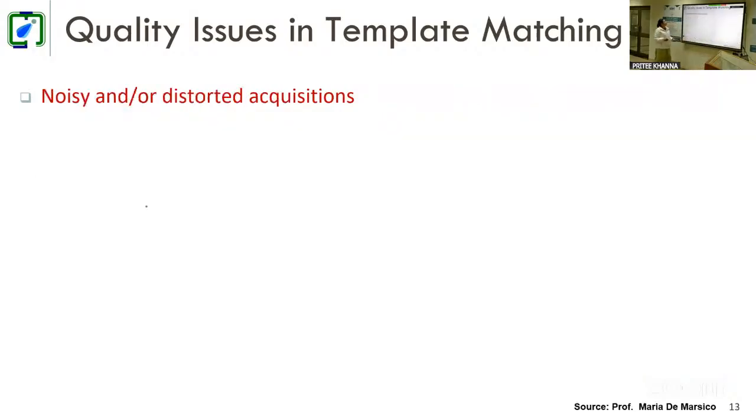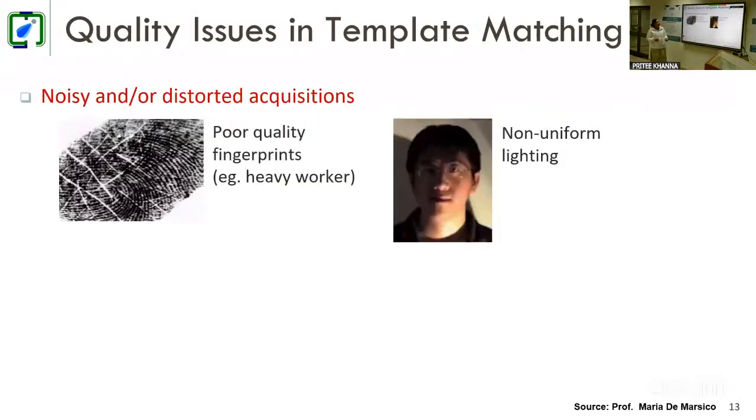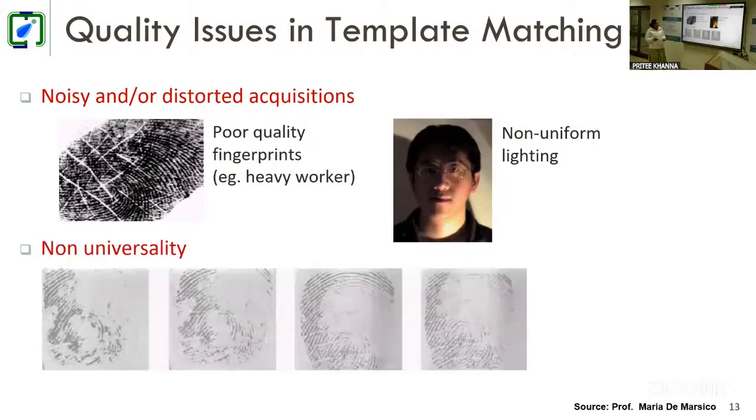After that, noisy or distorted data, like poor quality, makes it difficult to find the features. Then there is non-uniform lighting. After that, non-universality is there, where you see missing lines, and then hidden features.